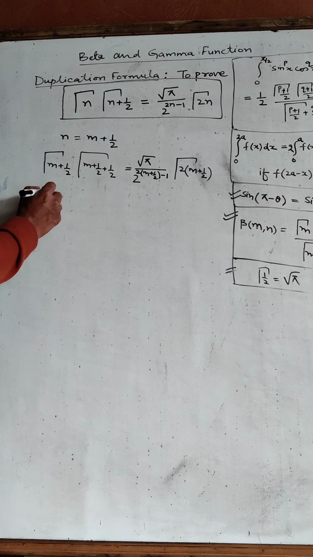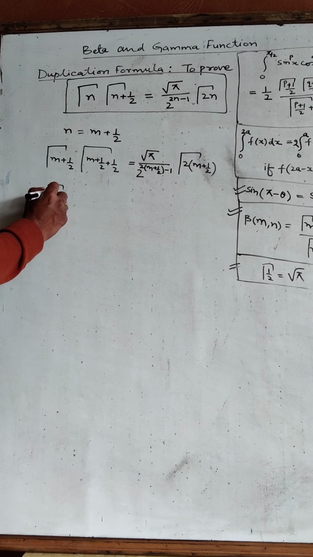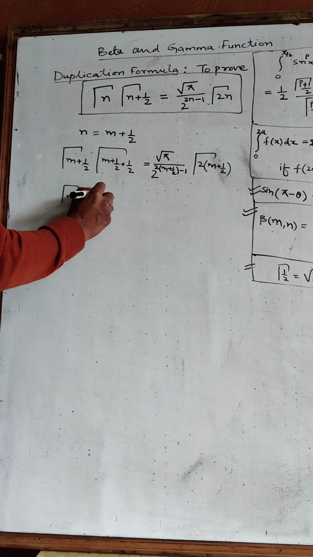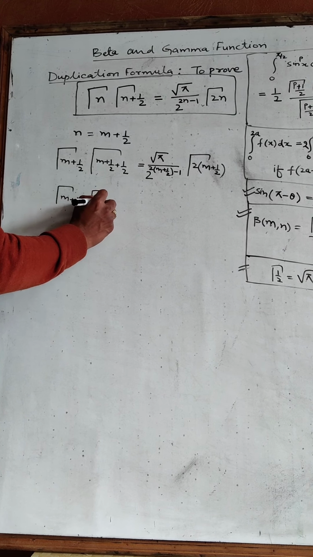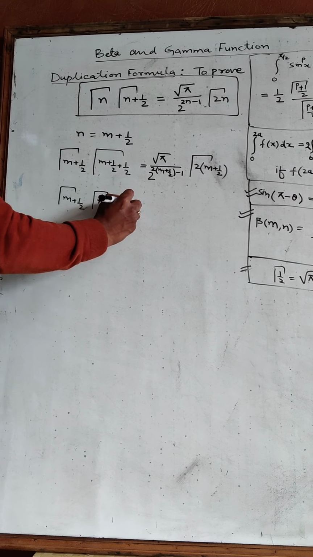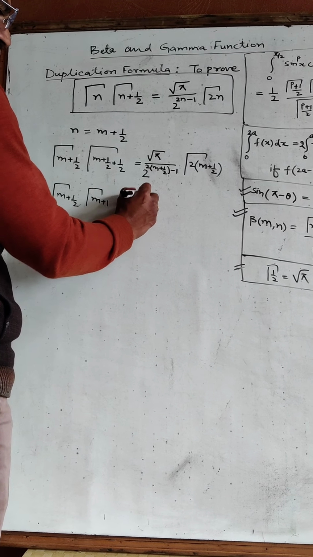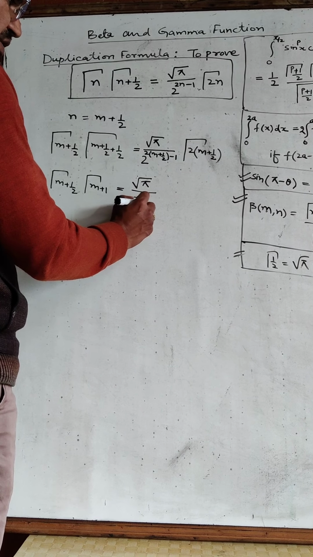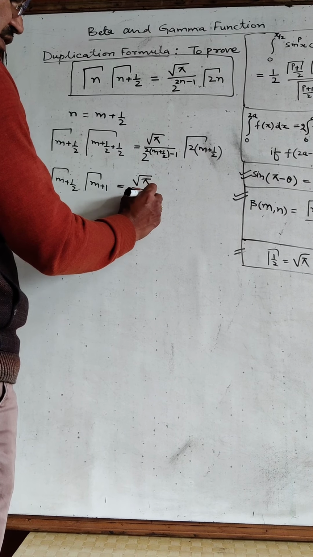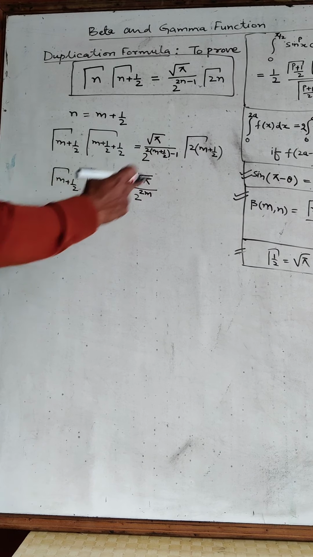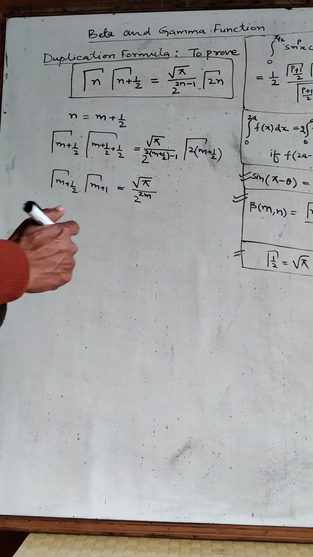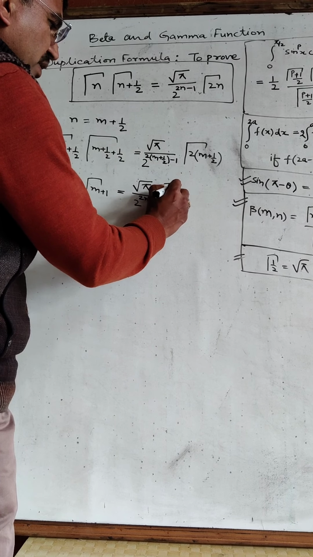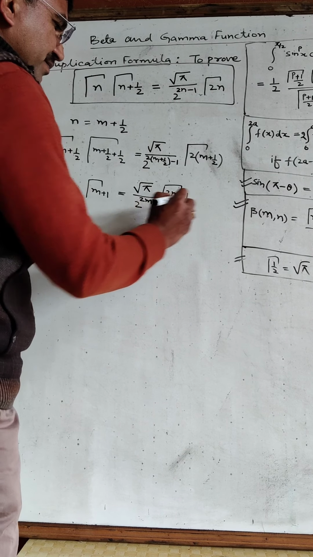And if we simplify it, it would become gamma of m plus 1 by 2 gamma of m plus 1, and that would be equal to square root of pi over 2 raised to the power 2m, and here plus 1 minus 1 will cancel out, gamma of 2m plus 1.